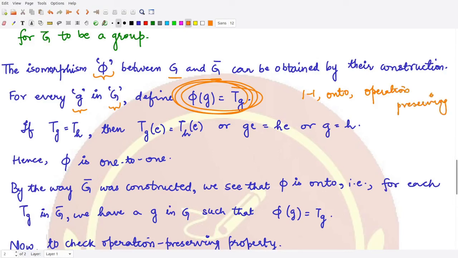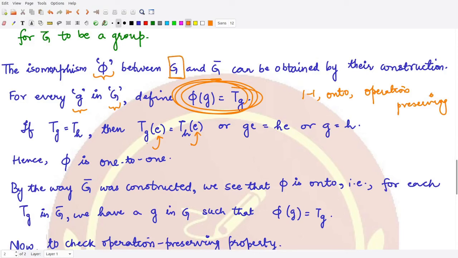So for the first part, for 1-1, we take two elements from G bar and assume that they are equal to each other. So we assume that TG is equal to TH. If that is so, they are also equal on the identity element. So TG when applied onto E would be the same as TH applied onto E, which is the identity of the group G, right?